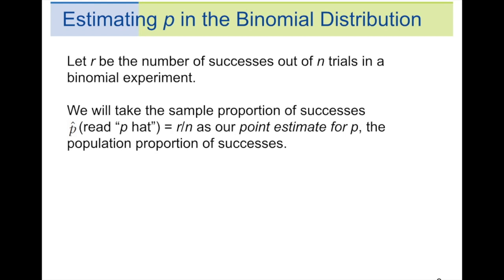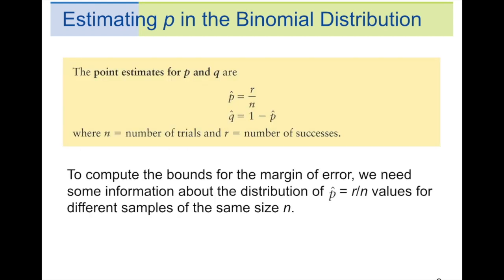So in our sample, we get a p hat, a sample proportion, and we want to use that as our estimate for the population proportion. So the probability of all of a specific type of population. So the point estimates for p and q are p hat is R over n and q hat is 1 minus p hat. As usual, n is the number of trials, R is the number of successes.